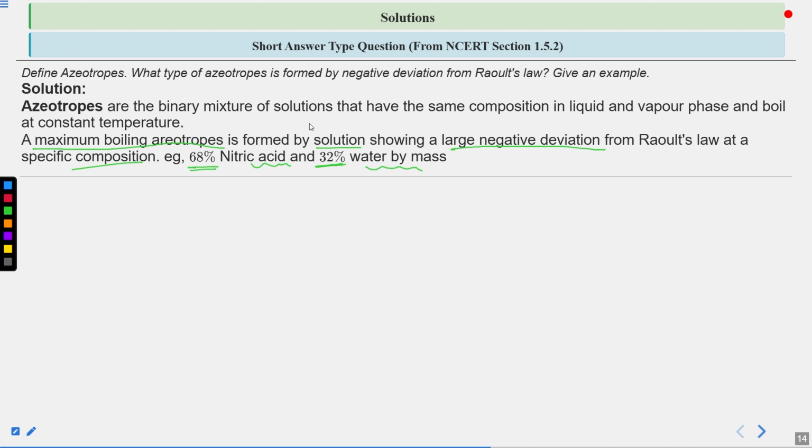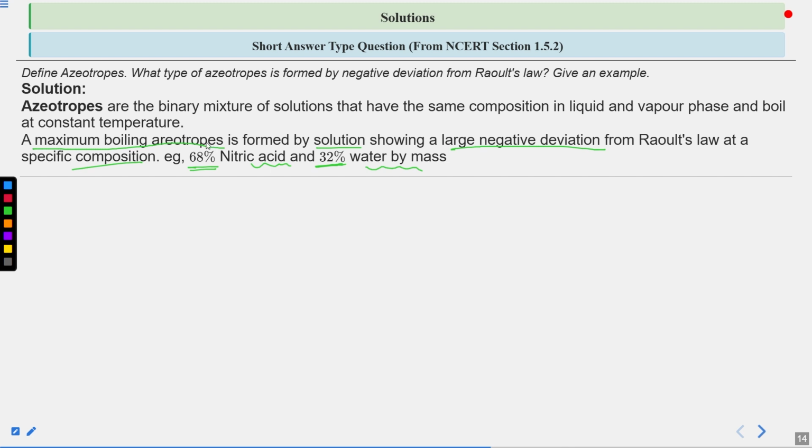Okay, so first of all, the definition: an azeotrope is a mixture of two or more liquids that boils at constant temperature, with the same composition in both liquid and vapor phase. We have two different types, maximum boiling and minimum boiling azeotropes.